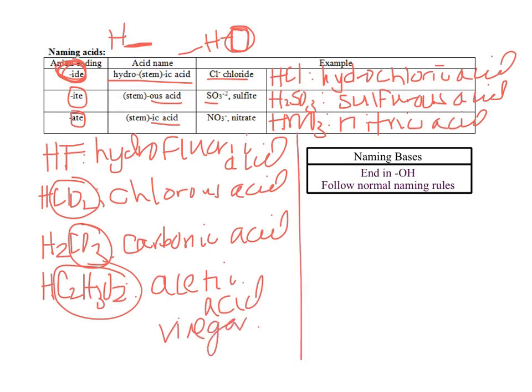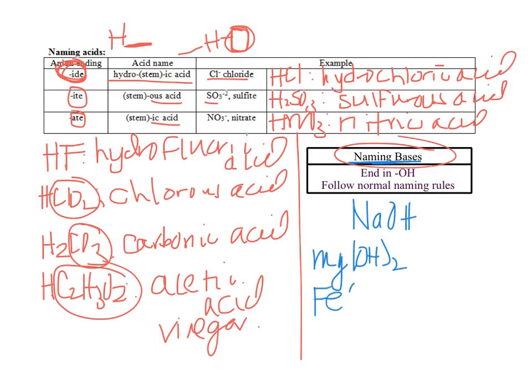Something that we didn't necessarily call a base, but in our nomenclature unit, you did learn how to name this because it fell under ionic. Later in here, you'll learn bases typically end with hydroxide, with OH. So NaOH, Mg(OH)2, Fe(OH)3. These would have just been under normal ionic compounds, and if you remember ionic, you name the metal, check to see if they need Roman numerals, and then you name the non-metal.